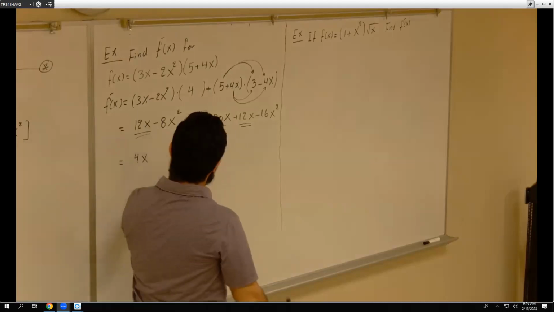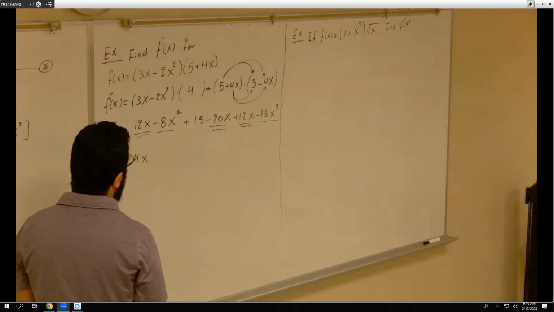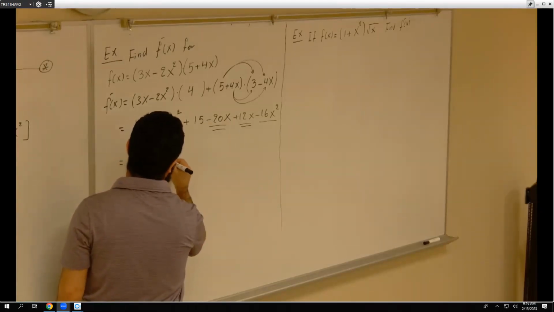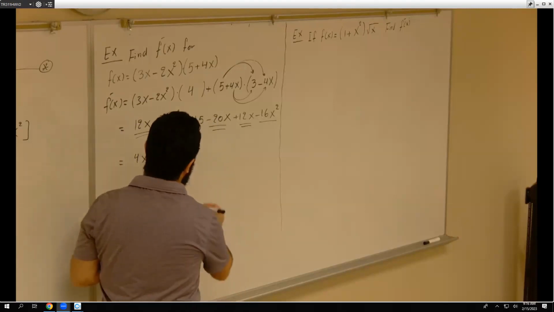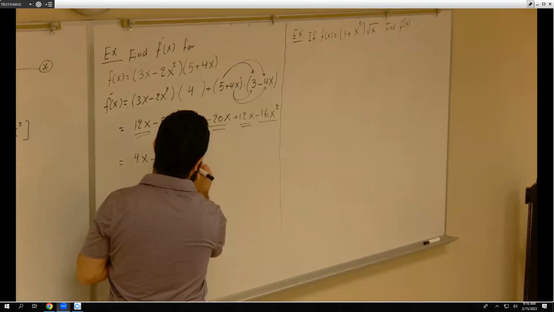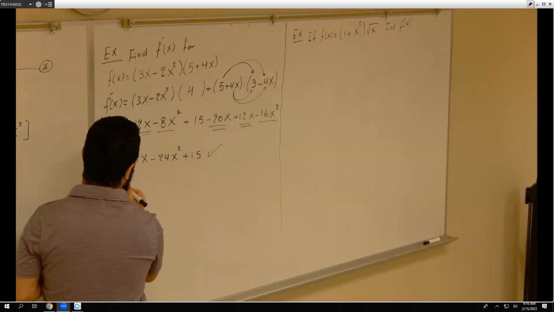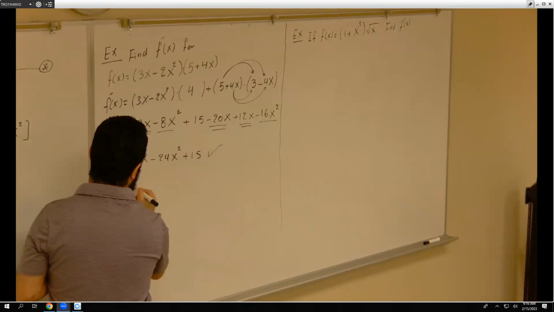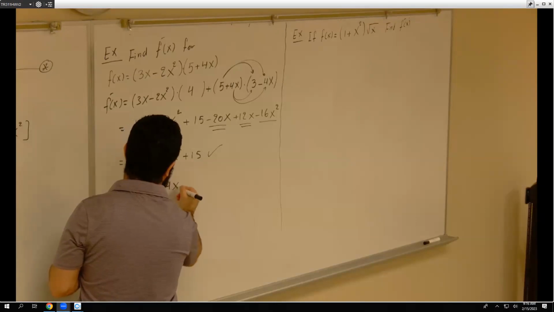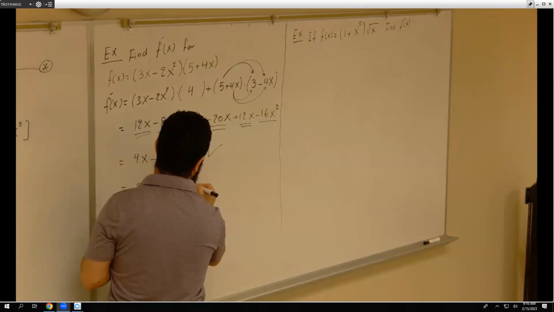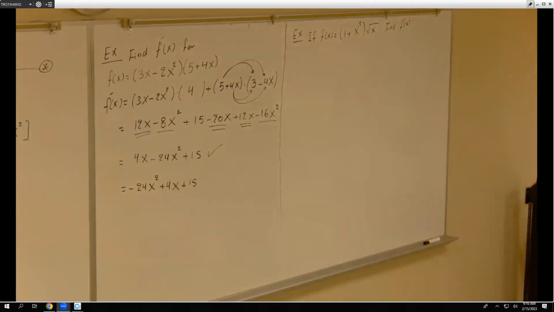Negative 8 minus 16 is going to be negative 24x squared. And the plus is the leftover plus 15. We're just going to write down from the highest exponent to the lowest one. So this is the right solution, but I'm going to write it down as negative 24x squared plus 4x plus 15. That's it for this example.